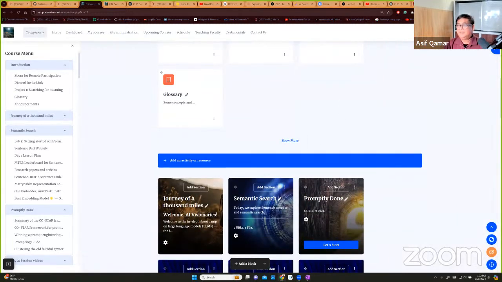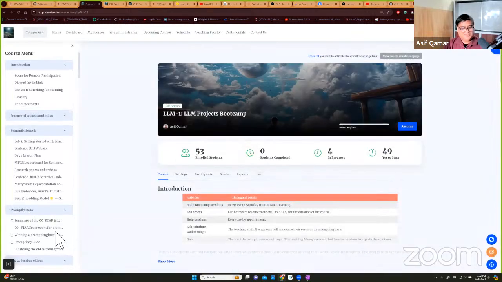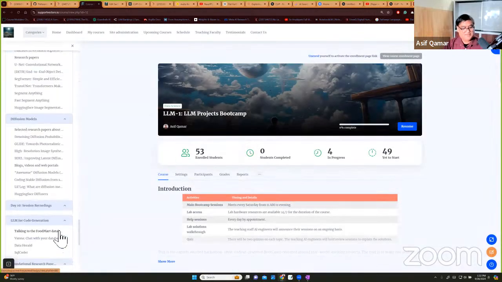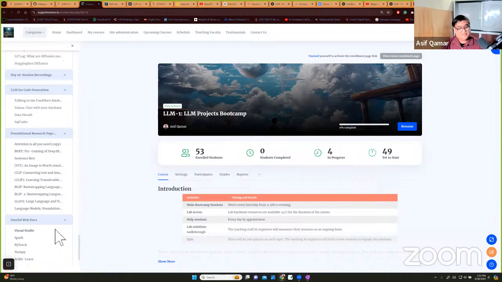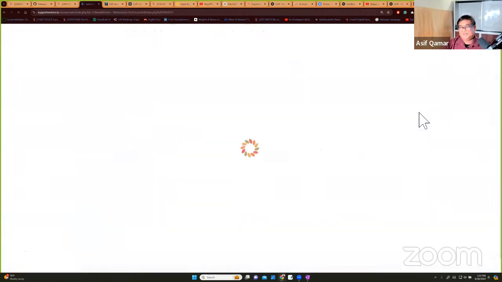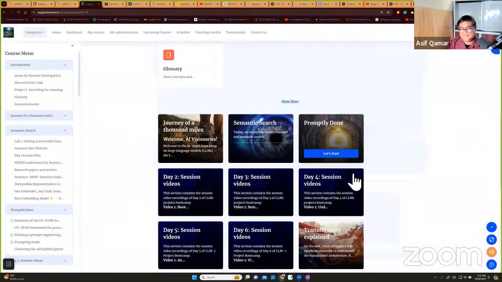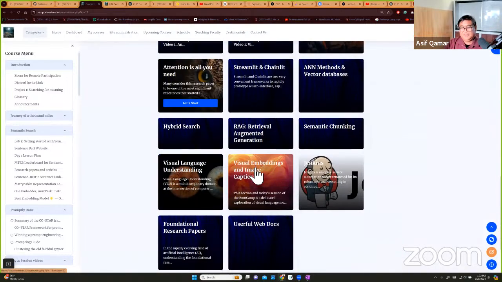Yeah, left side bottom. Research paper. Right. Oh, I can see more than you guys can see. Sorry, because there's a lot in the course, just so as not to scare you, I've hidden all the things you'll learn in this course. So here we go. Visual embeddings and image caption.